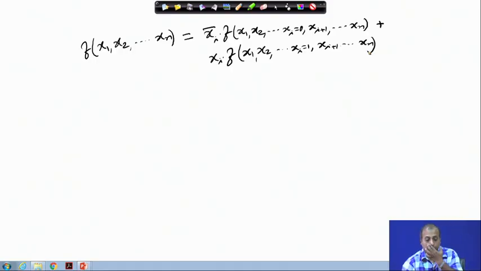So, this is a Shannon decomposition around a single variable.